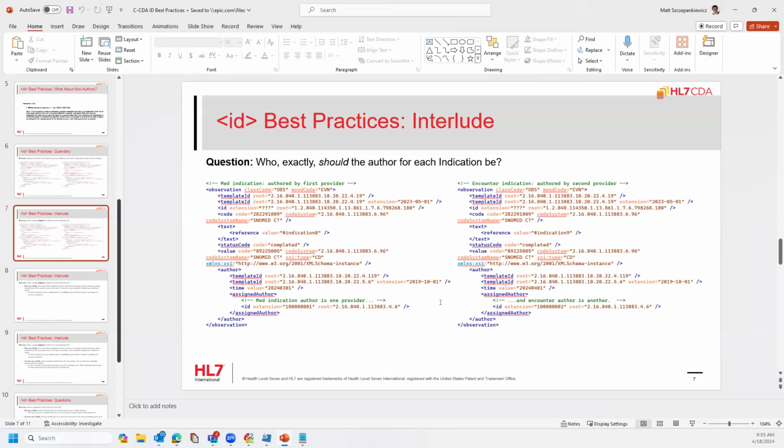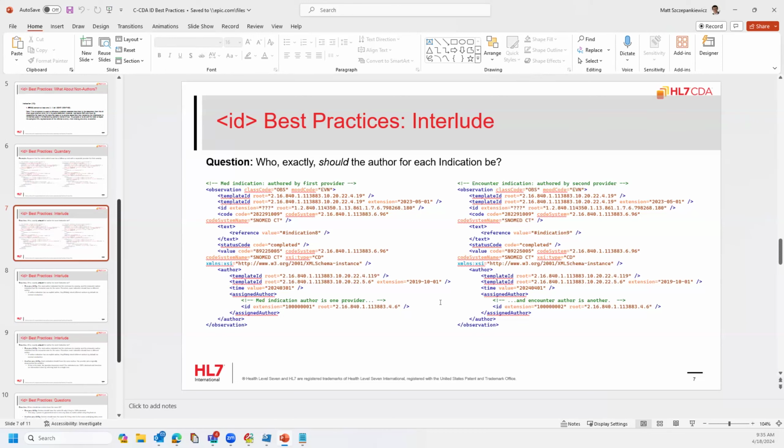What would your guidance be, Matt, if the person who's saying why they gave the medication found there was nothing on the person's problem list? What you're trying to do is imagine the indication as a reference and you're just pointing to the condition resource. But what if there's not an instantiated condition resource to point to?